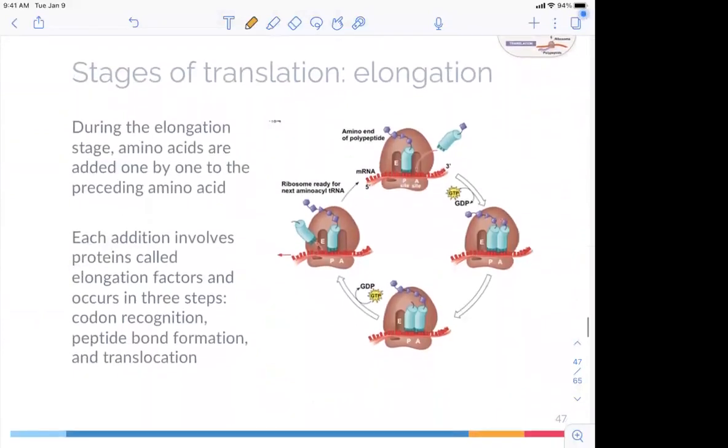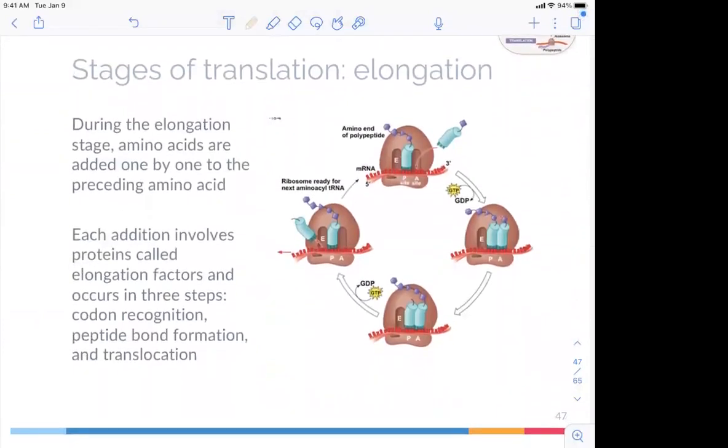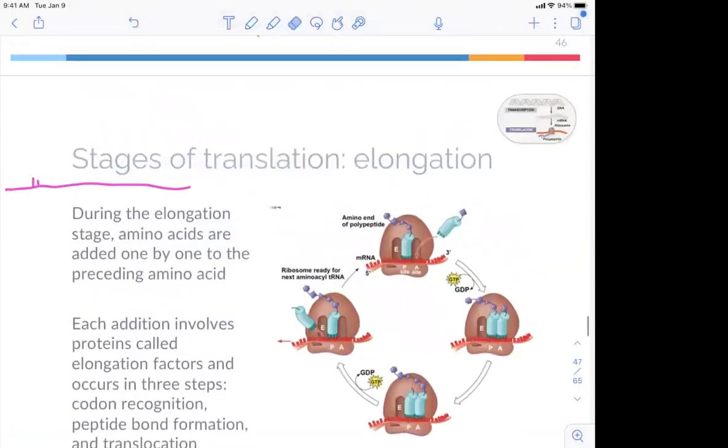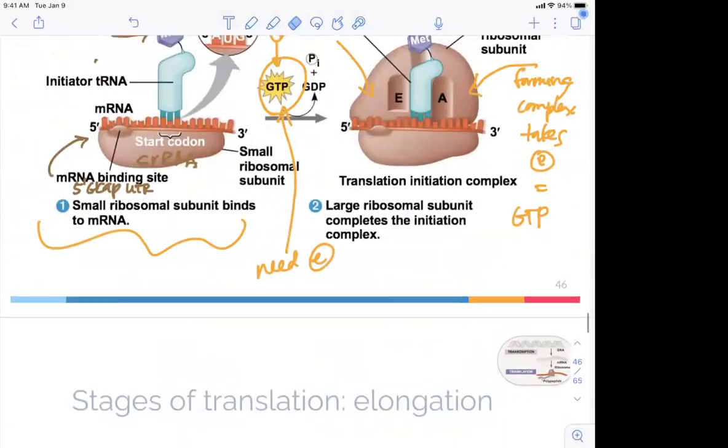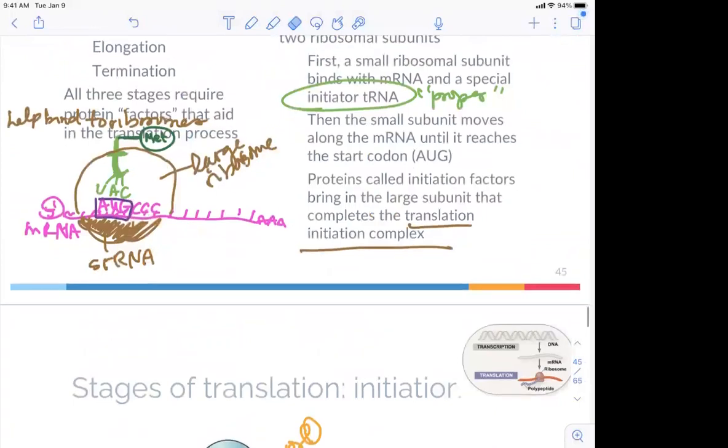Next step, we've got to elongate this protein chain, this polypeptide chain. You can keep drawing it if you want. Let's go back to where I was with my ugly drawing right here.